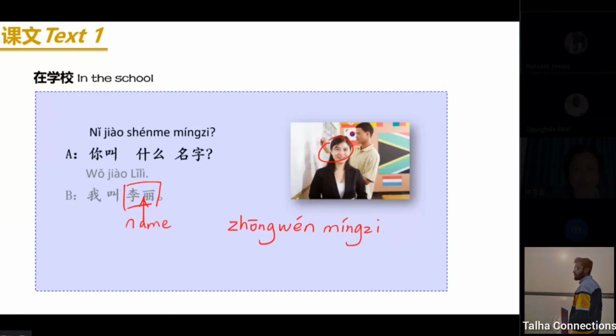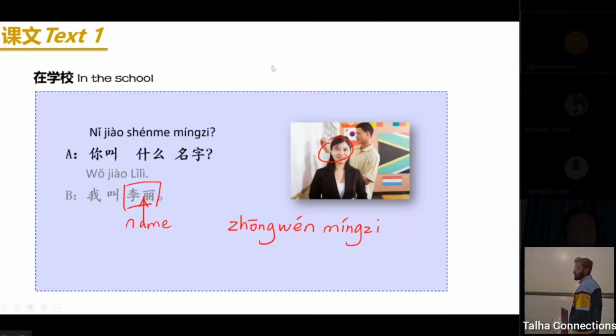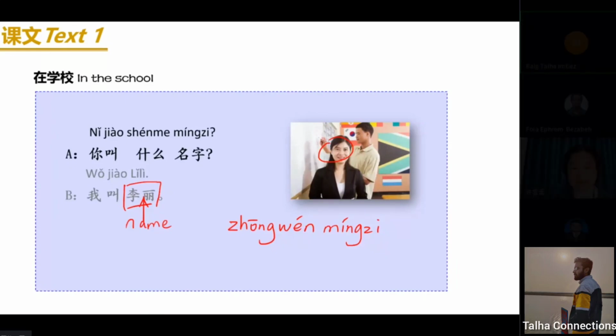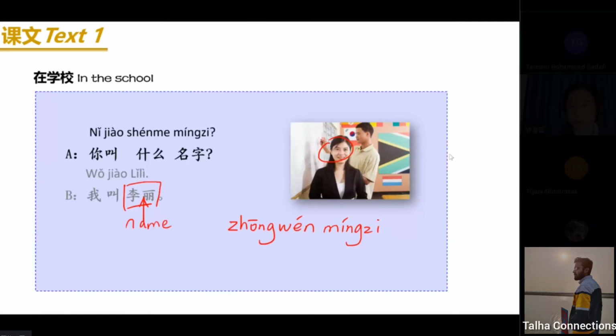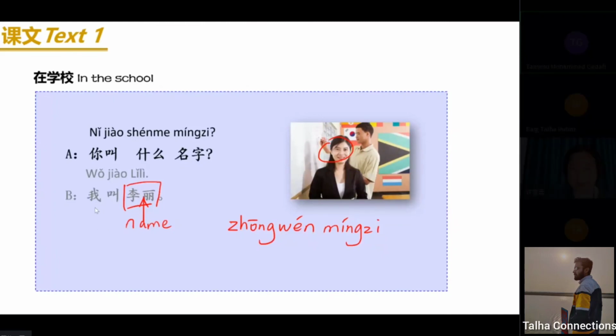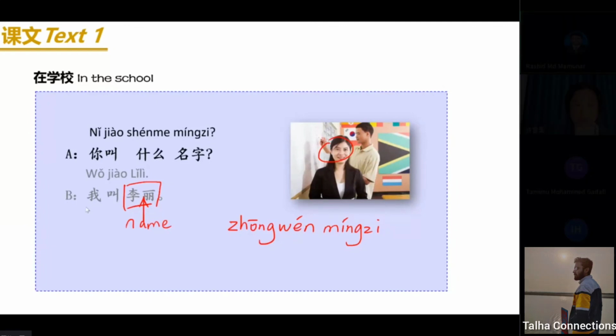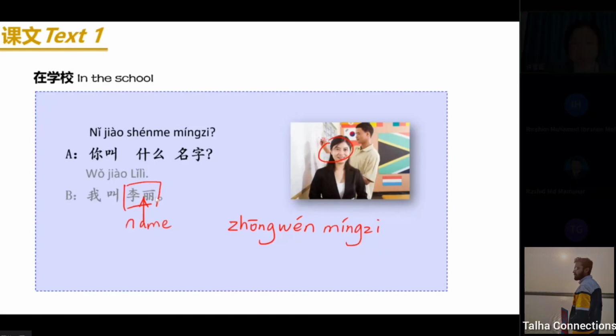你叫什么名字？我叫李丽。你叫什么名字？我叫 Fraser。你叫什么名字？很好。Very good. 我叫 Efrain。你叫什么名字？我叫李丽。And you can use your name to replace Li Li.